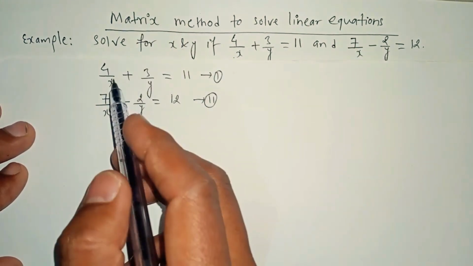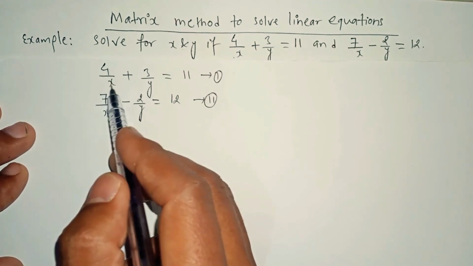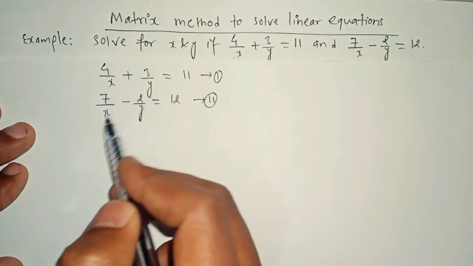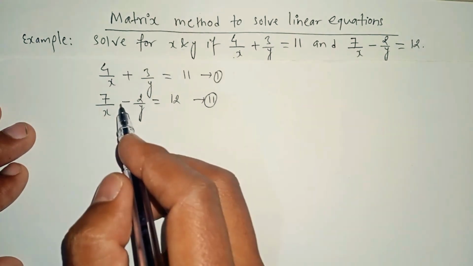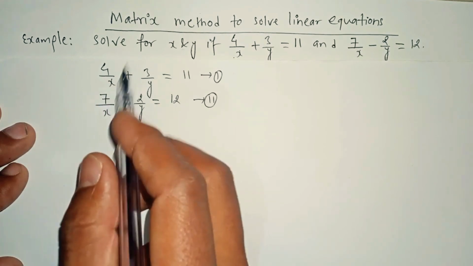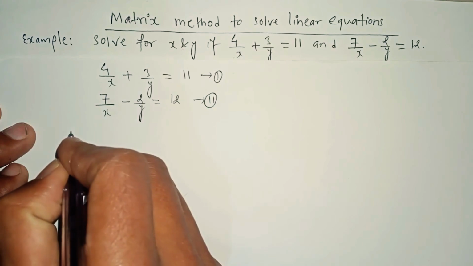One very important point to be noticed in the question is that both the variables x and y are present in the denominator. So let's apply the matrix method. First of all, we have to write down the coefficient matrix.